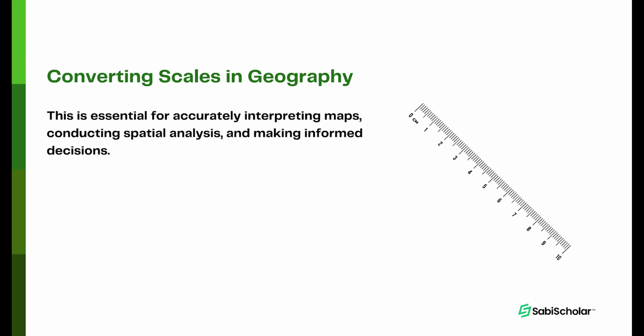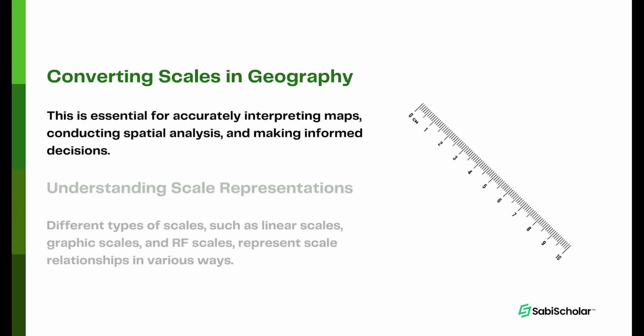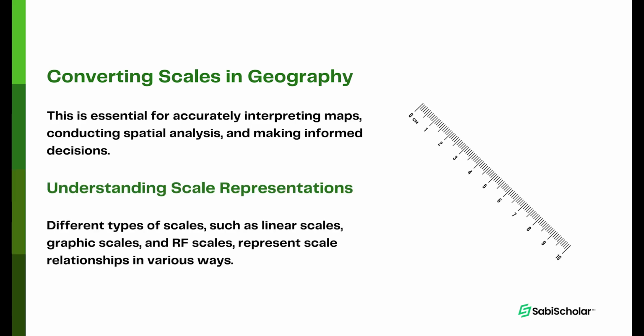What we're also going to look at under converting these scales is understanding the scale representation. Different types of scales, such as linear scale, graphic scale, and representative fraction, which is the RF scale, represent scale relationships in various ways.